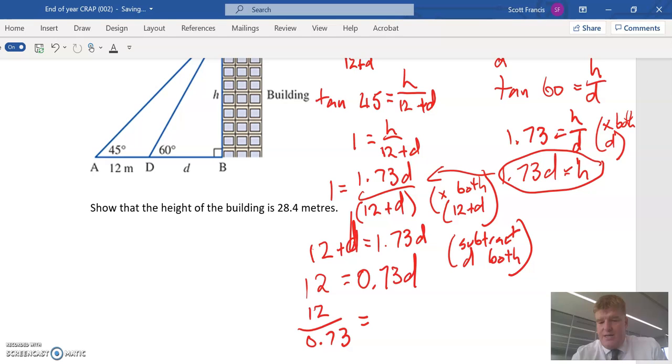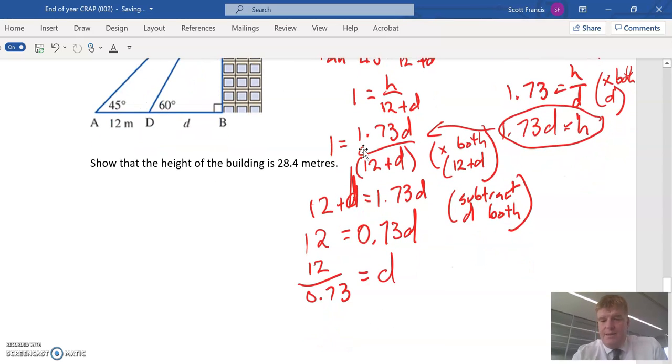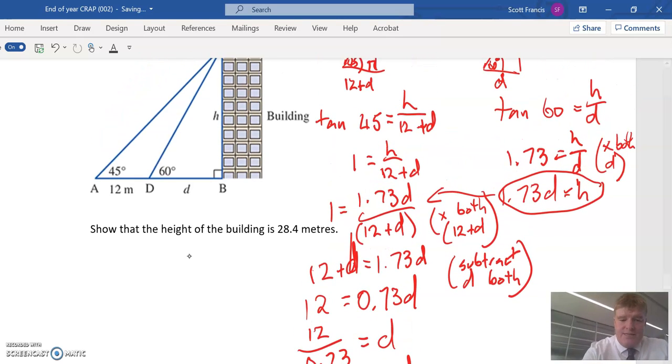The 0.73's cancel out, which gives us D. When we calculate 12 divided by 0.73, that gives us 16.44 meters equals D.